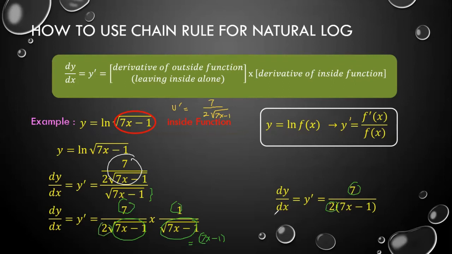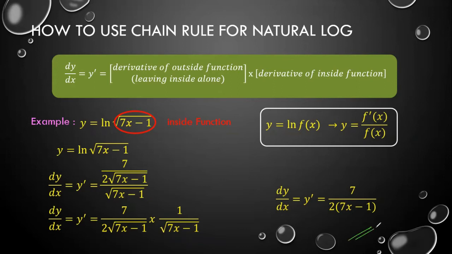Now we have the derivative of ln root of 7x minus 1 is 7 over 2 times (7x minus 1). Is it clear to everyone? That is how to differentiate ln root of 7x minus 1.